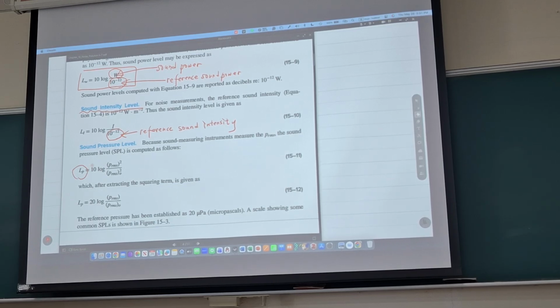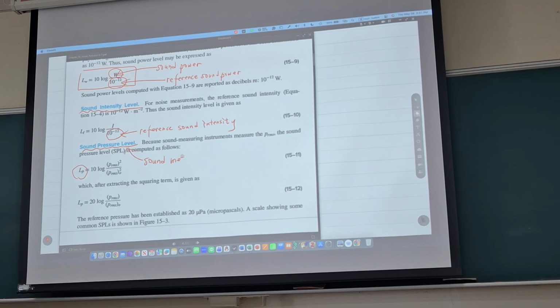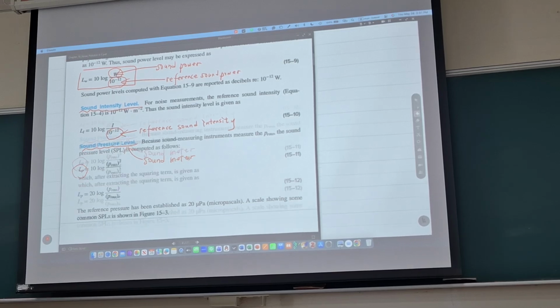And L_P here is the sound pressure level. This is good for a sound meter. Sound meters look like this.